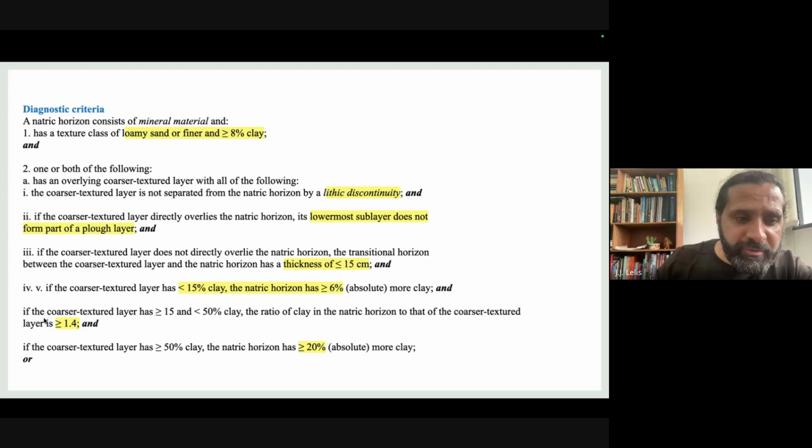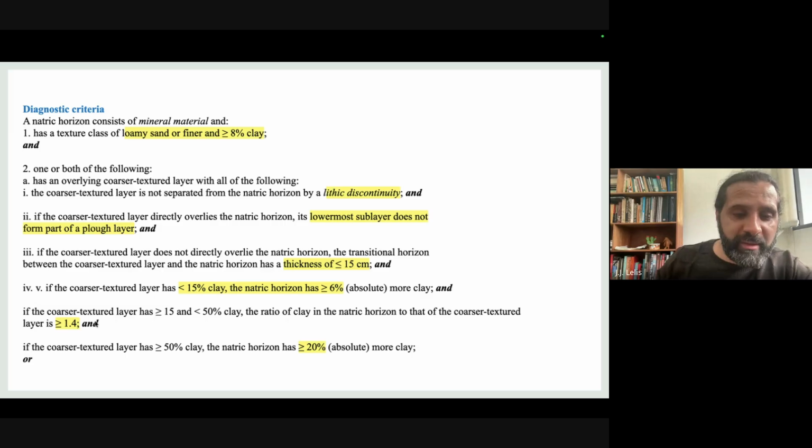If the coarser texture layer has between 15 and 50% of clay, then the ratio of clay in the nitric horizon to that of the coarser texture layer is equal to or higher than 1.4. In this case, you can also remember that Soil Taxonomy uses 1.2.